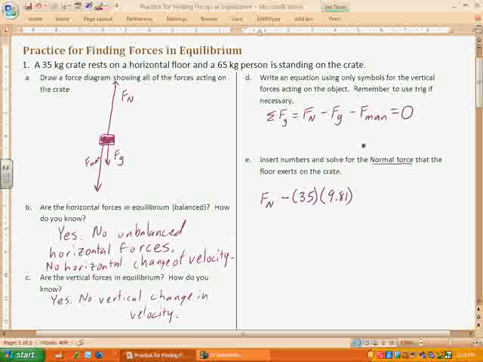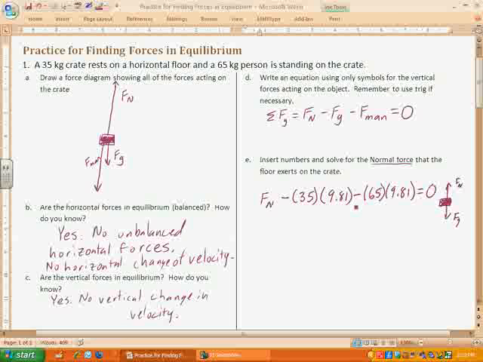Now in this case we can actually say that the force of the man on the box is equal to the force of gravity on the man, because if I draw a force diagram on the man, there are two forces acting on the man. You've got the force of gravity, and you've got the normal force of the box. And since those are the only two forces acting on the man, then we can easily say that the force of gravity is equal to the normal force. So that means that we can say minus 65 times 9.81. Okay, and obviously all of this is equal to 0.